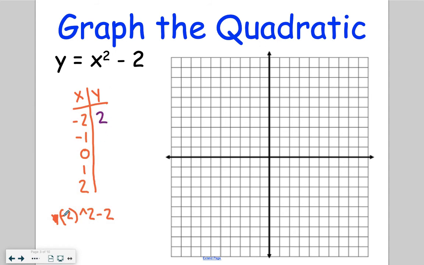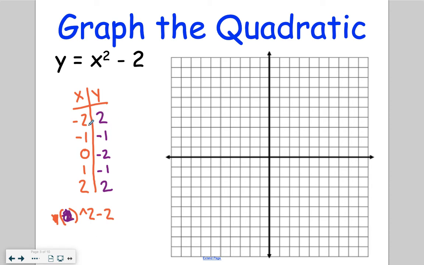Then you would change that -2 to a -1. When you do that, you're going to get an answer of -1. Then you're going to turn it into 0, and that's going to give you an answer of -2. Then you're going to turn it into +1, and that's going to give you a -1. And then you're going to turn it into +2, and that's going to give you an answer of 2.